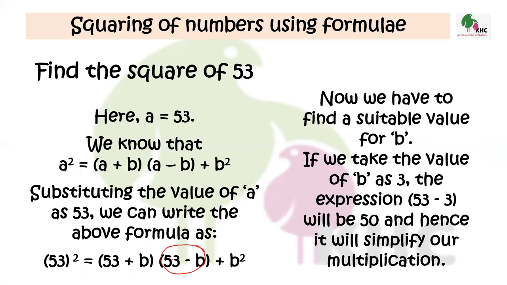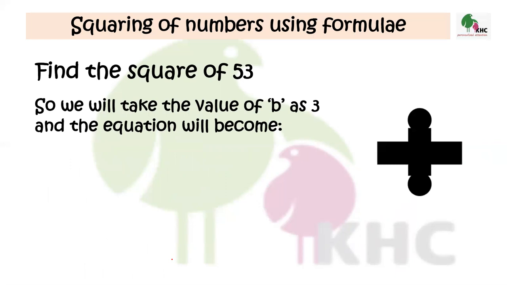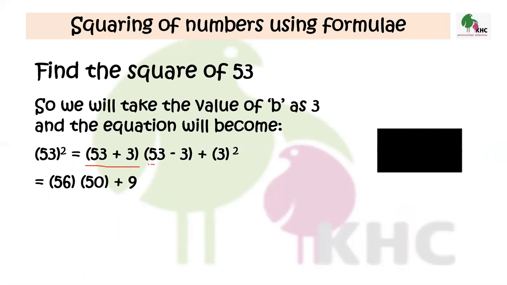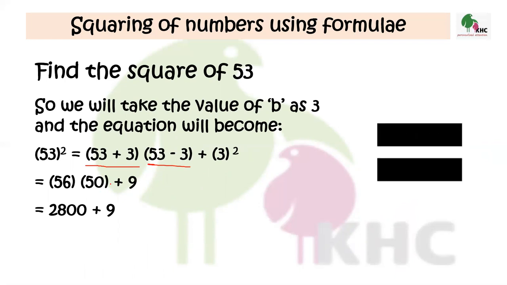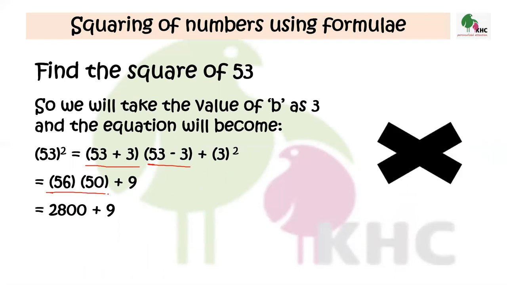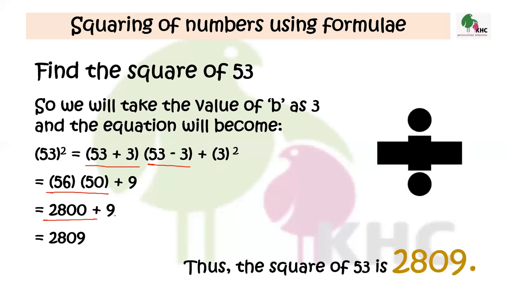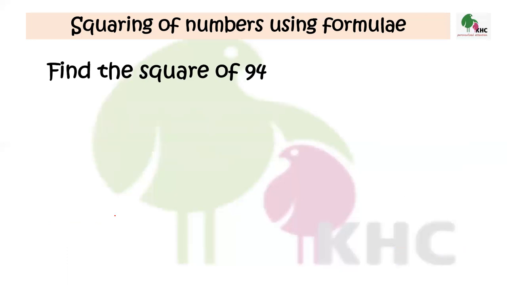Once you get 50, multiplying with 50 is easier. That is why when you put b as 3, your equation becomes 53 plus 3, which is equal to 56, 53 minus 3 is 50, and 9. So 56 times 50 is 2800, plus 9 is 2809. So the square of 53 is 2809.